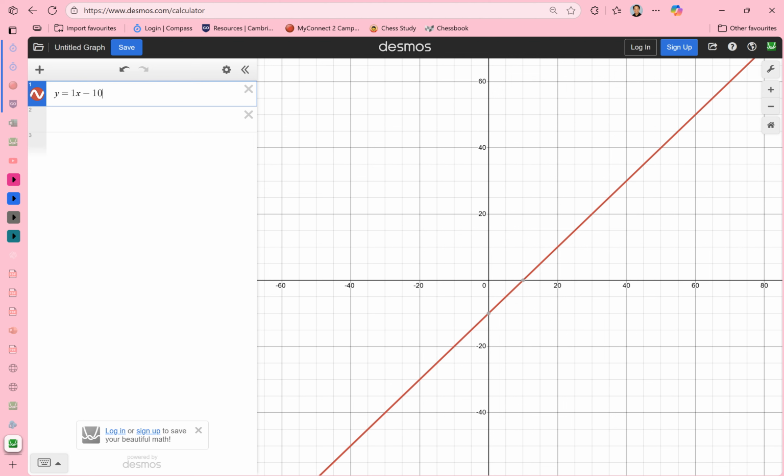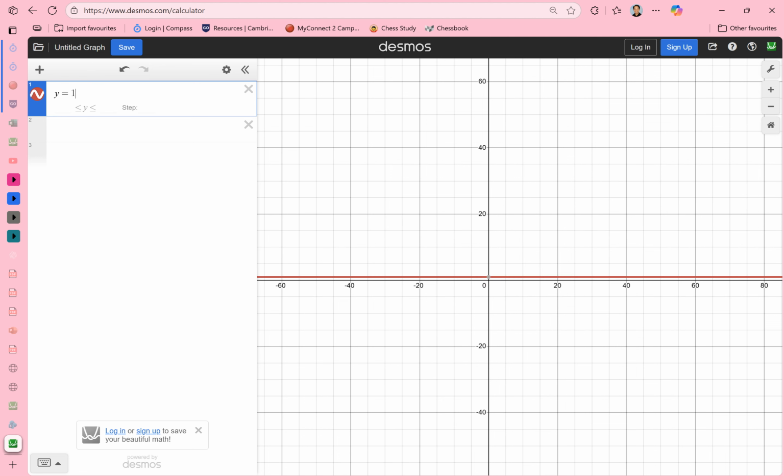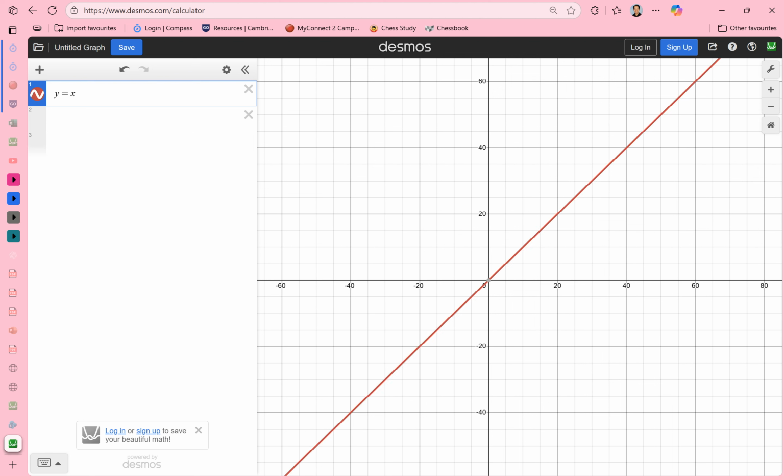You can times whatever you want, 2x, and it's still a straight line. So on Desmos, how do you ensure it's going to be a straight line? What's the one requirement you need? X, that's it. You literally can put any number you want. As long as you have just the letter x, you will always have a straight line.